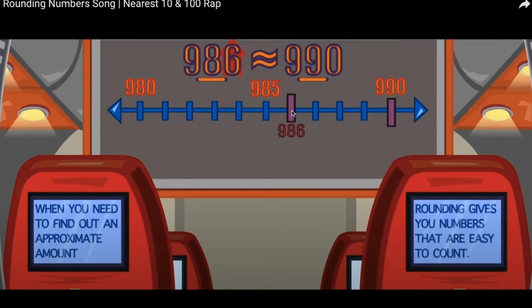Can you guys see that? So on a number line, you can see the 10 before, and the 10 after. It is closest to our 990. So that's why 986 is rounded up to 990, because 86 is closer to 90 compared to being close to 80.